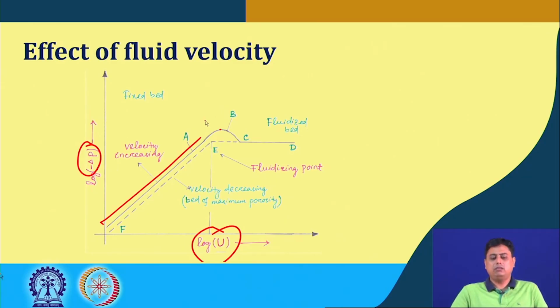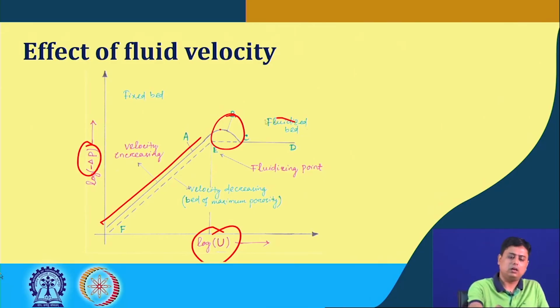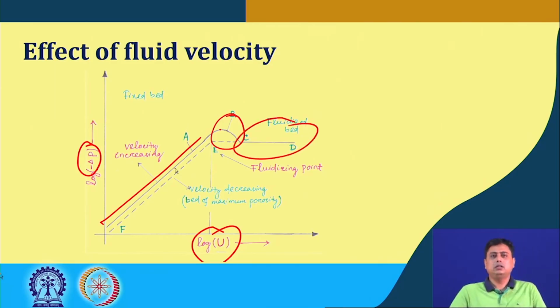After that, for a certain period, the bed expands, and as the voidage increases, the pressure drop slightly decreases, and then it remains unaltered for a period until the transport happens.